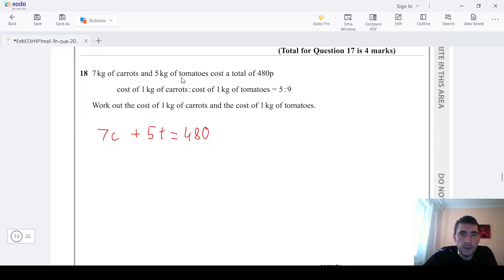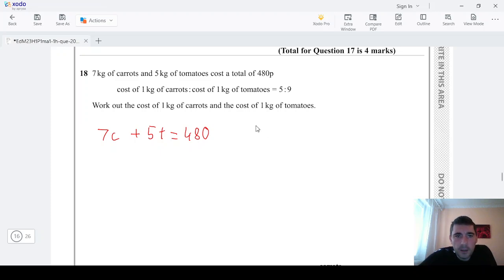Okay, so that's first sentence done. Now cost of 1 kilograms of carrots ratio to kilogram of tomatoes is 5 to 9. Okay, so first we should be thinking which is more expensive. Okay, so carrots cost only, okay, so cost of kilogram of carrots to cost of kilogram of tomatoes is 5/9.